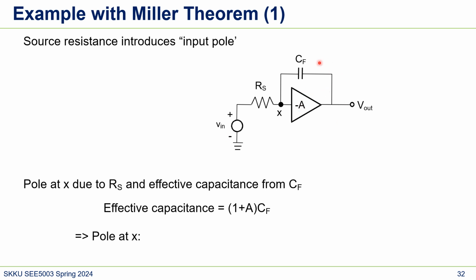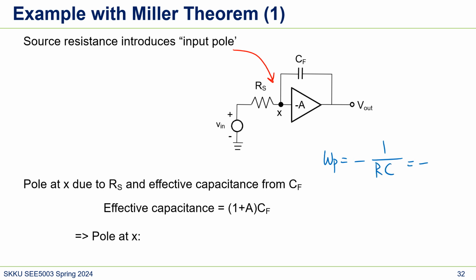From what we learned about Miller theorem, the Miller effect, now let's see the input node X, because we have a source resistance here. At this node, an input pole occurs. According to the rule of thumb, the pole frequency is minus 1 over RC, right?